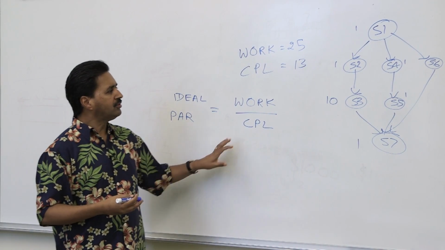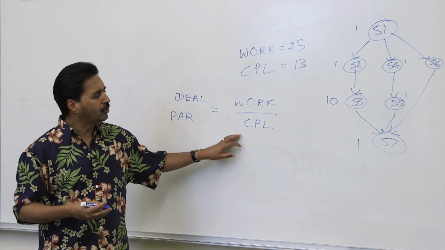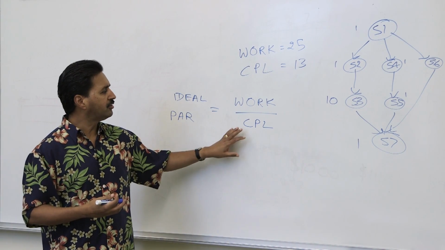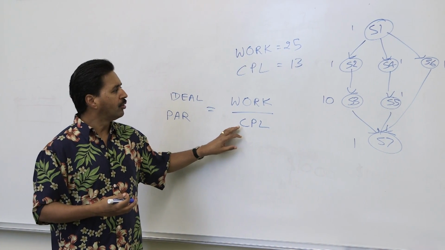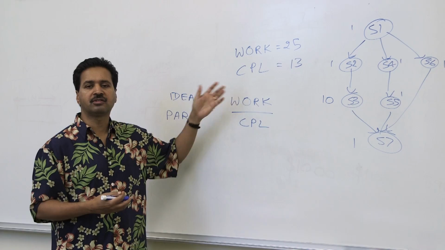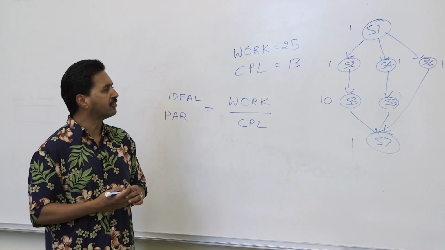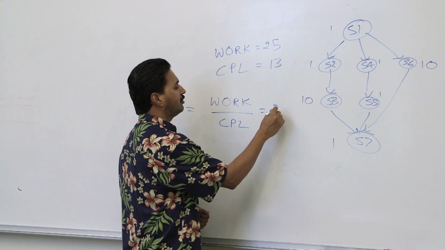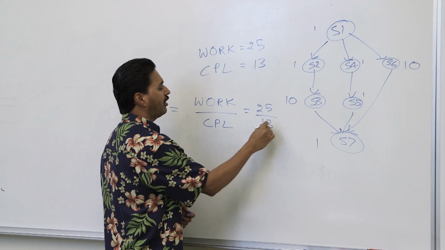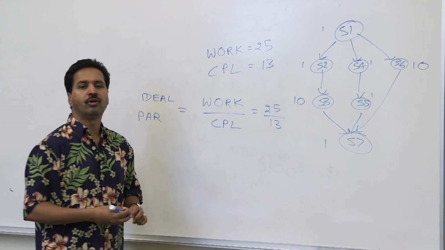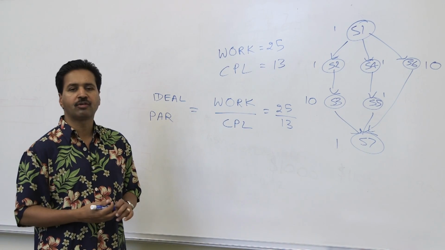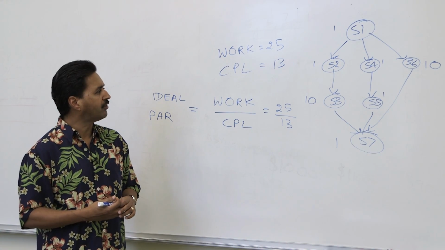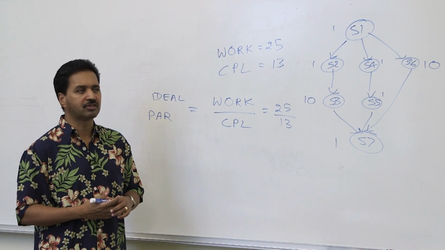And the reason is that no matter how many processors we have in our parallel machine, this is the factor by which we can, in the best case, expect the program to run faster with parallelism. So over here, we see it's 25 by 13, and that's just under a factor of 2. So no matter how many processors we throw at this computation graph, we cannot expect to do more than 2 times faster than the sequential case.